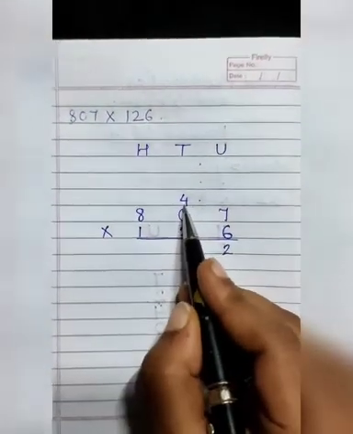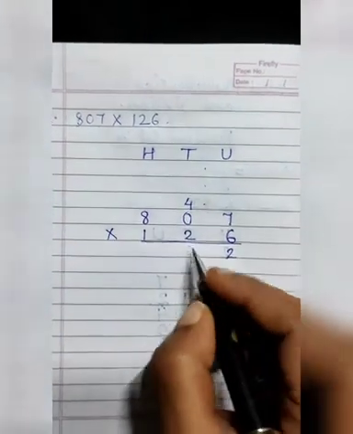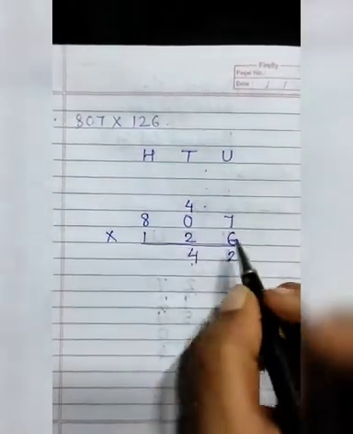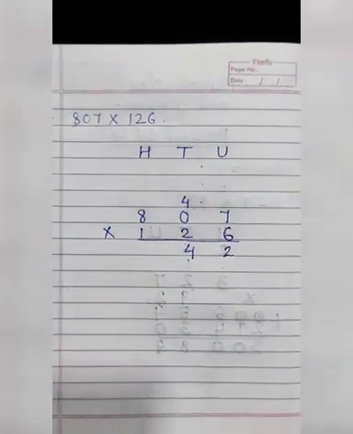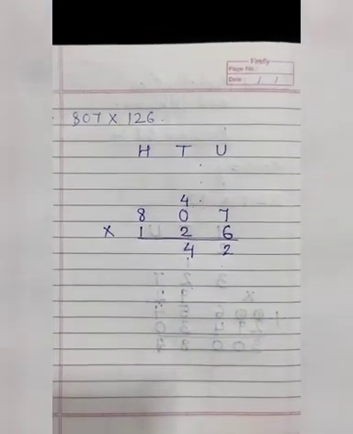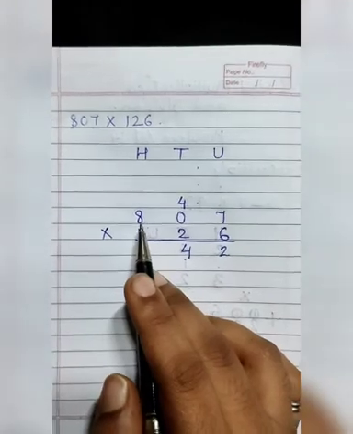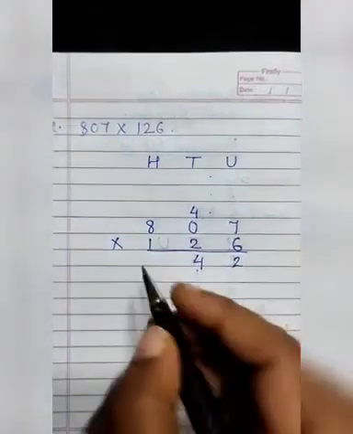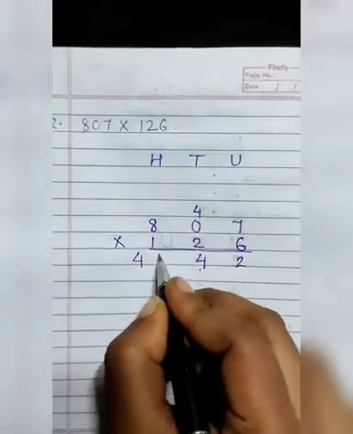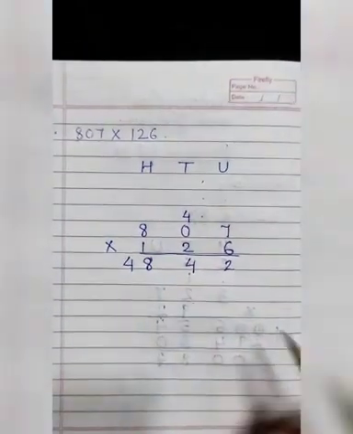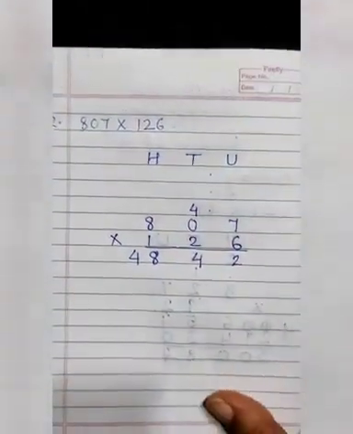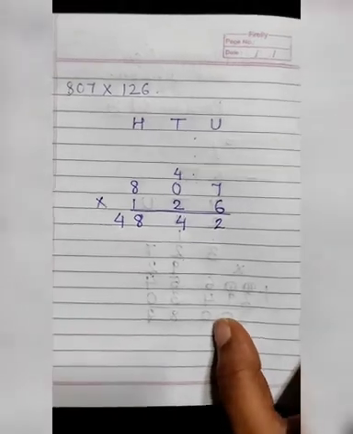But here above carry there is 4. So we will write here 4. Now 6 eights will be how much? It will be 48. So we will write here 4 and here we will write 8. As there is no number to do the carry, we will write both the numbers down.